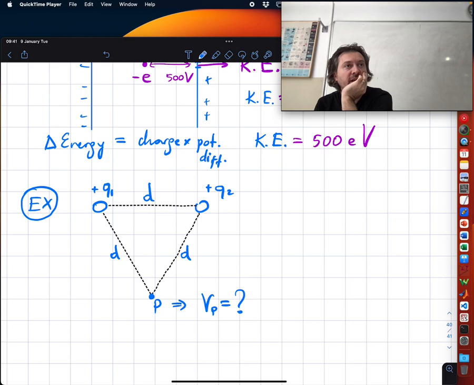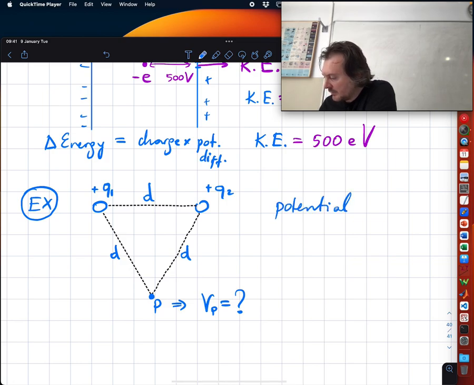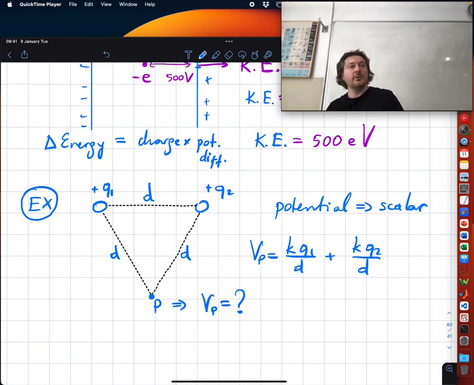Yes. Does everyone agree? So this one tells you that potential is a scalar. Potential is a scalar. And you just find k q1 over d, and you add k q2 over d, and you are good to go. That's Vp. Of course, again, we are assuming here that the potential at infinity is zero.